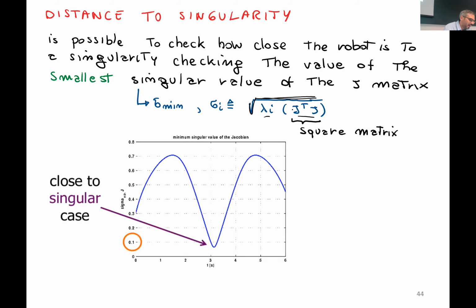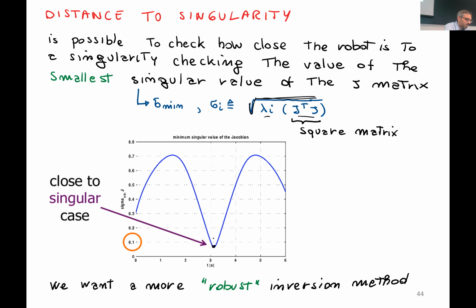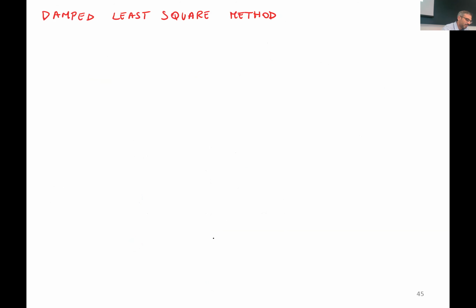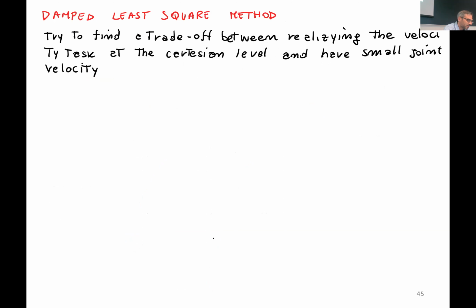And if we plot that along the motion, we see that this smallest singular value gets very small, very close to zero. So whenever it's zero, you are at singularity. And we want, therefore, a more robust inversion method than the one we use now with the pseudo inverse.